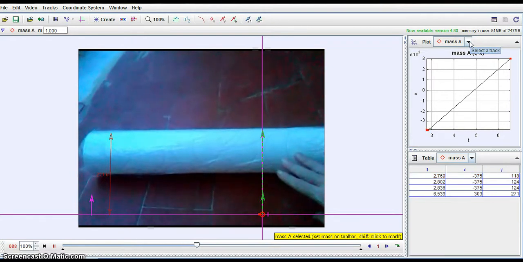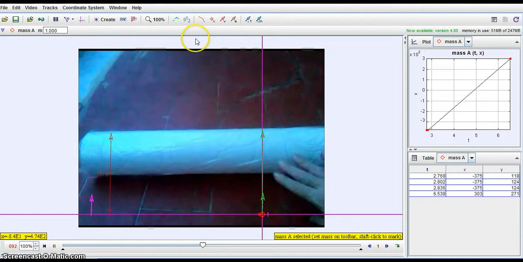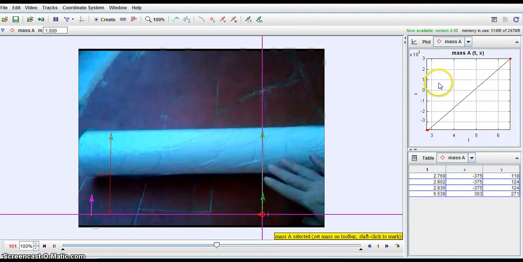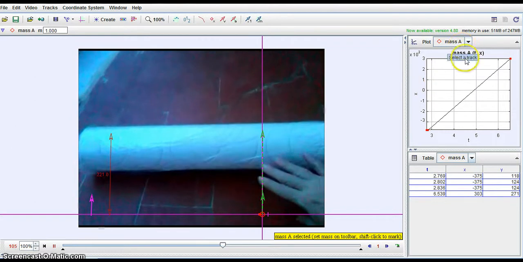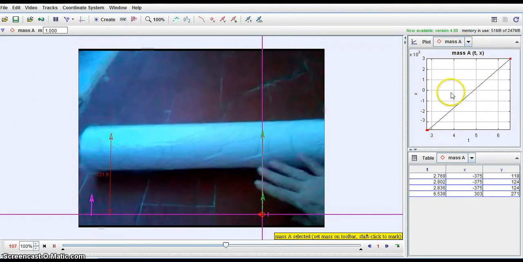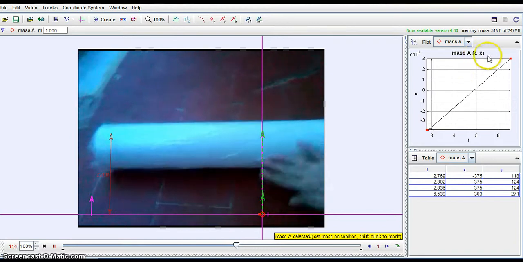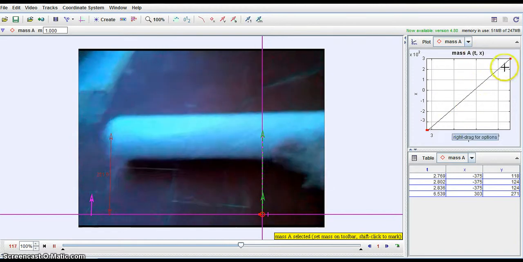Now the frames are going really slow. We programmed the program to plot the acceleration at times t on the x-axis.